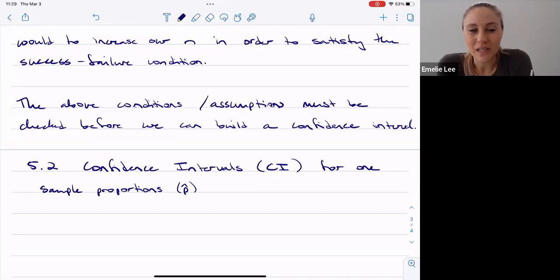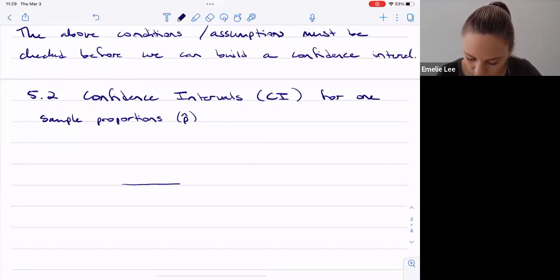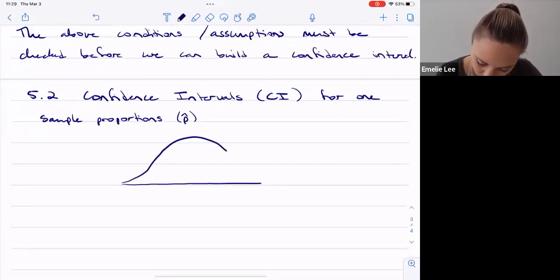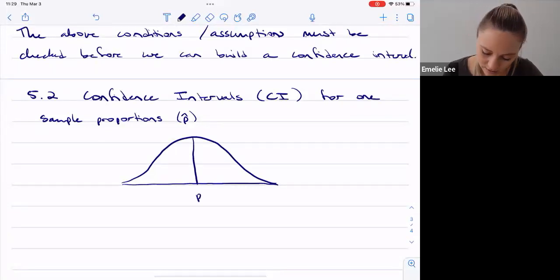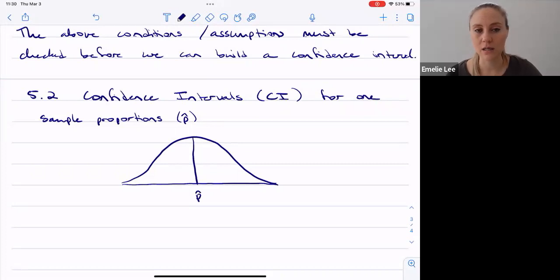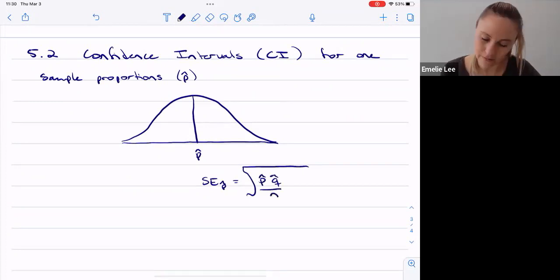So where we kind of left off last day is, all right, so if we have checked these assumptions, then we can draw this beautiful normal distribution. And what we've said is that if we've checked those assumptions, then we can assume that distribution is centered on our point estimate, and the standard error of p hat is approximated by the square root of p hat q hat over n.